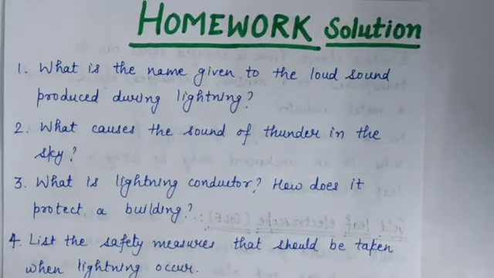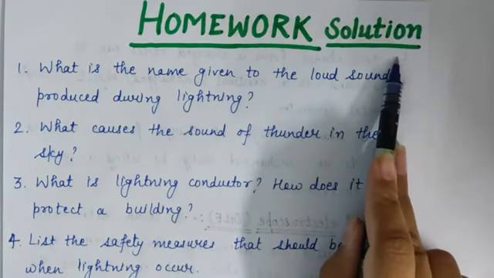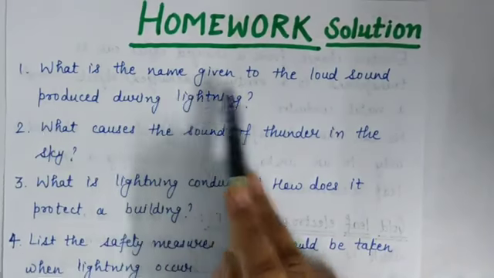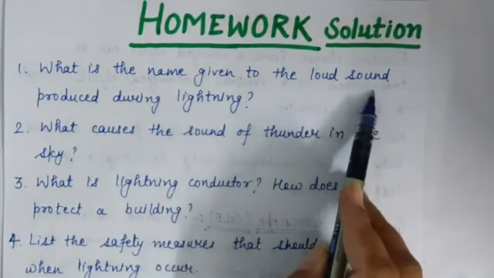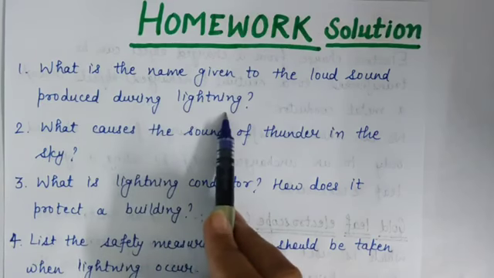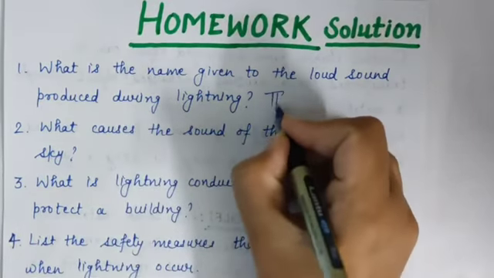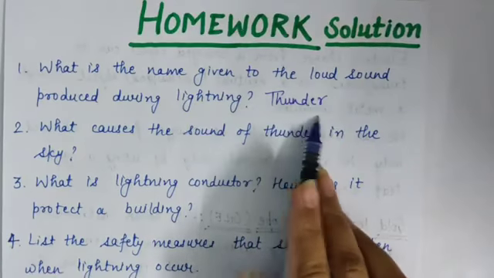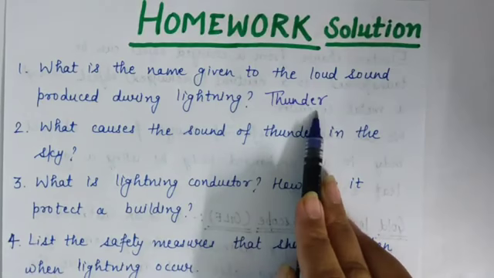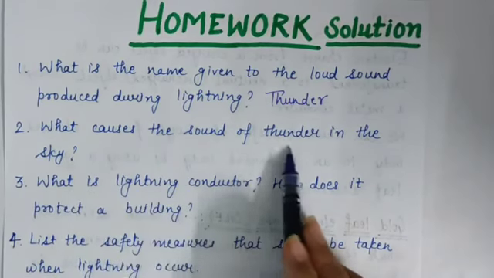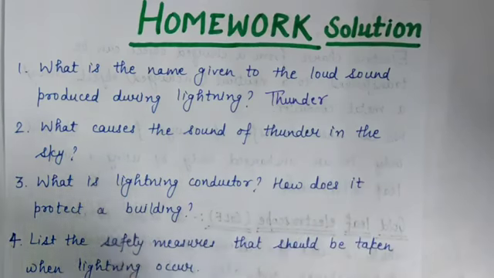So now I am going to discuss the homework solution of the previous lecture. Question number 1 was, what is the name given to the loud sound produced during lightning? So the answer is thunder. Okay. Loud sound during lightning is called thunder. Second question, what causes the sound of thunder in the sky?